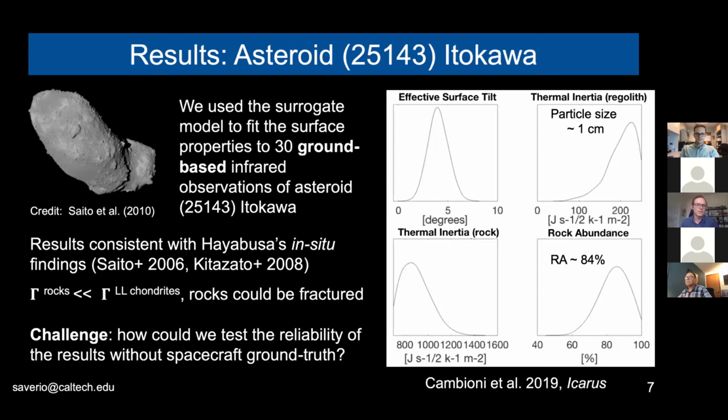However, how can we test the reliability of these results without having basically a spacecraft going there and providing ground truth? And these results were published in this paper in Icarus in 2019. We are currently working on data for Bennu.